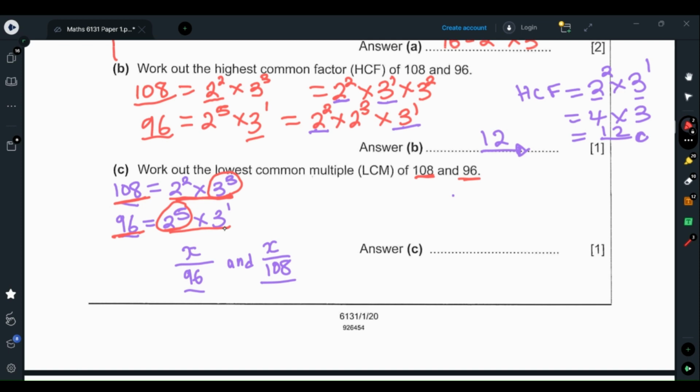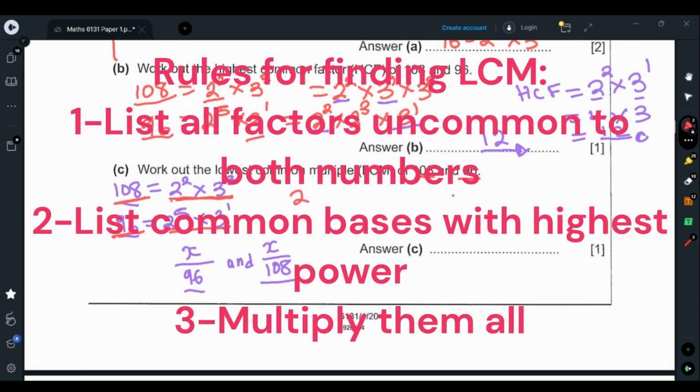So what we will do is write down all the prime factors. In this case, we have 2, and we'll take the highest power.